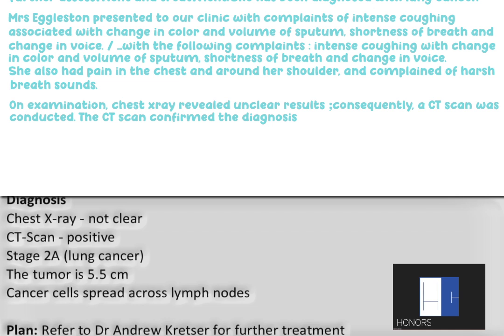So the CT scan confirmed the diagnosis of stage 2 lung cancer. In the introduction, we just wrote about the lung cancer, so we have just elaborated it. We have not repeated the information, but we have elaborated the information. Stage 2A lung cancer.